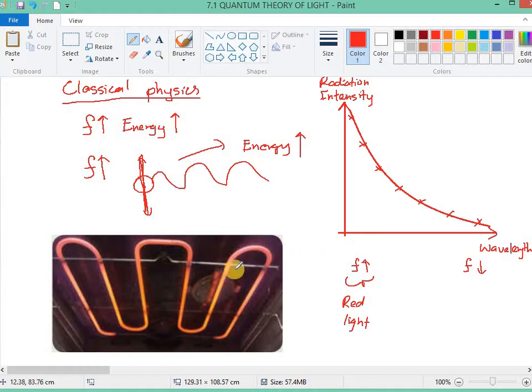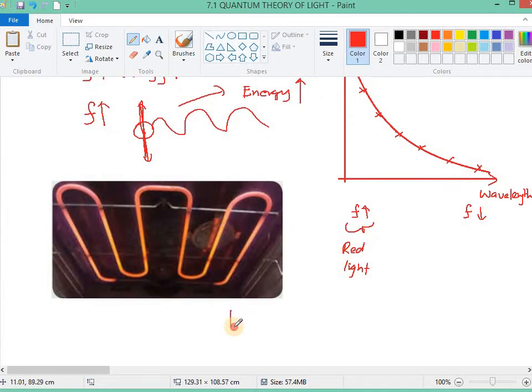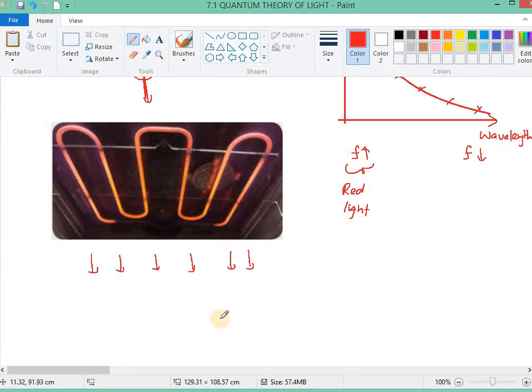So if we detect the radiation released from this heating element, we will find that at long wavelengths the energy is very low. That means the total energy from electromagnetic waves with longer wavelength is lower, while the total energy from shorter wavelength is higher.